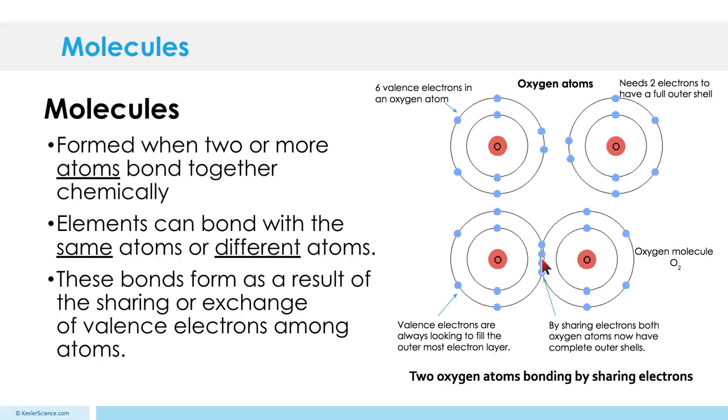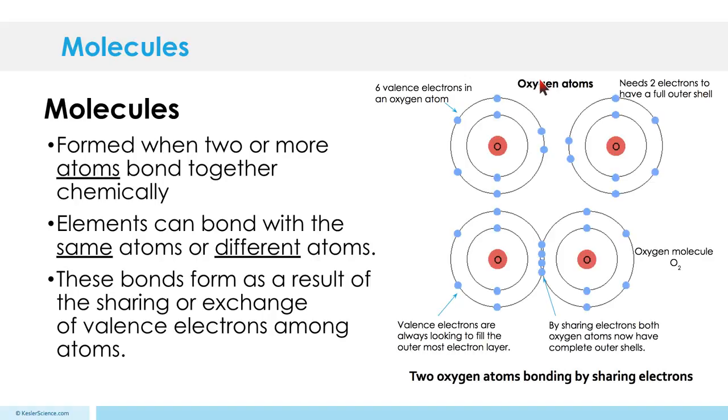They come together, they form this molecule, and now count. 1, 2, 3, 4, 5, 6, 7, 8. Because they're sharing these valence electrons, now it's a very stable molecule, when previously by themselves they weren't as stable.